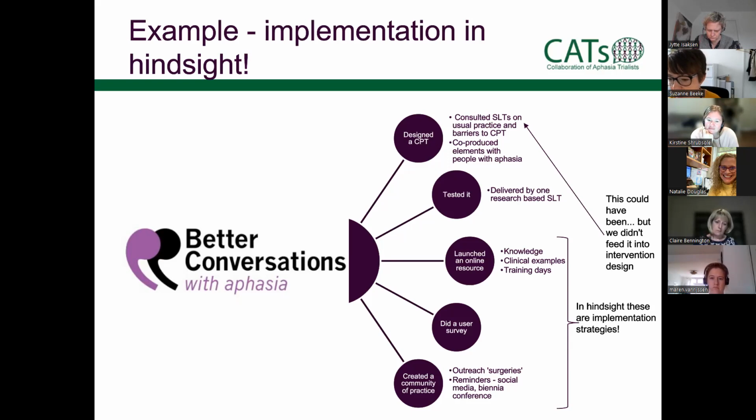And by doing our user survey, where we asked people, are you using Better Conversations? In what ways do you use it? What are the barriers to using it? In what way would you use it more if it were different? And also in creating our community of practice, where we do things like outreach, I suppose, to pick a word that the implementation world talks about, but we might talk about offering case study surgeries.